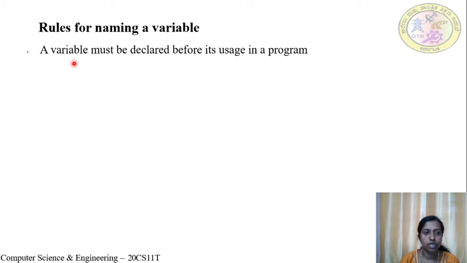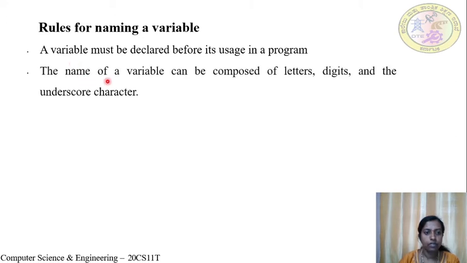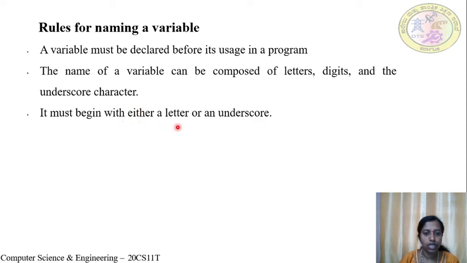The name of a variable can be composed of letters, digits and the underscore character. It must begin with either a letter or an underscore. Upper and lowercase letters are distinct; they can be differentiated.